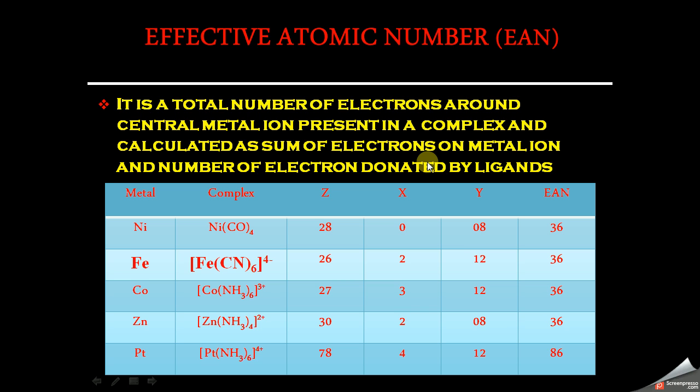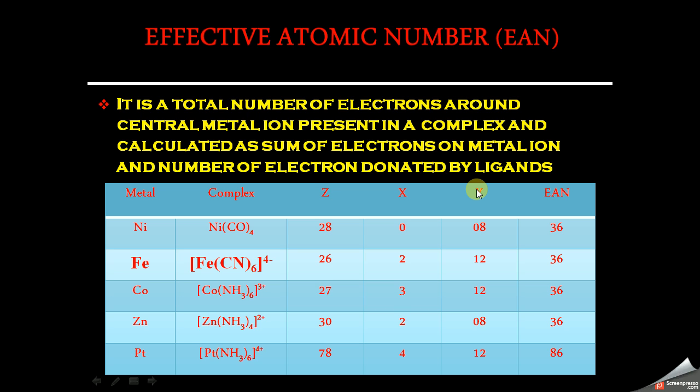Here Z is the atomic number, X is the number of electrons lost by that metal, Y is the number of electrons donated by the ligand or donor group, and with the help of our formula the EAN value can be calculated.